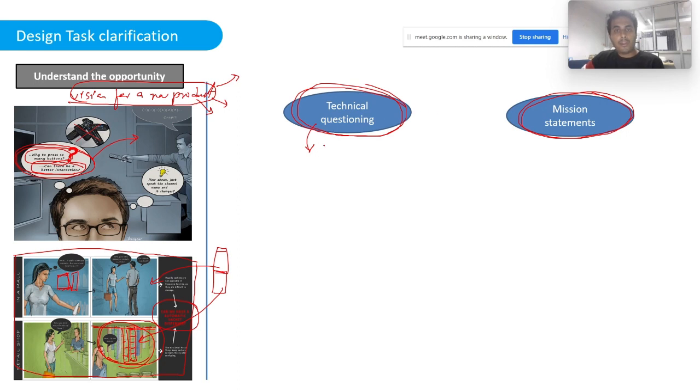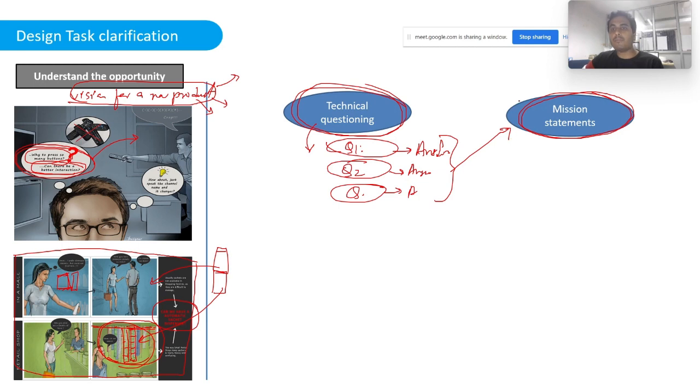Now, when we have a lot of these technical questions, like question 1, question 2, and we slowly give answers to these, what we formulate is basically a mission statement for our project. This is why mission statement formulation is very important, as well as technical questioning.